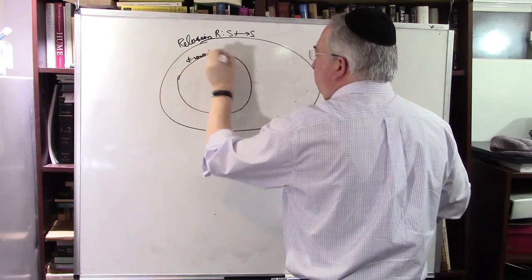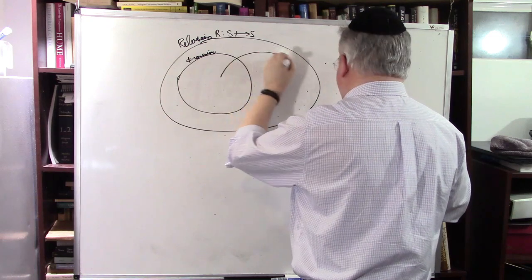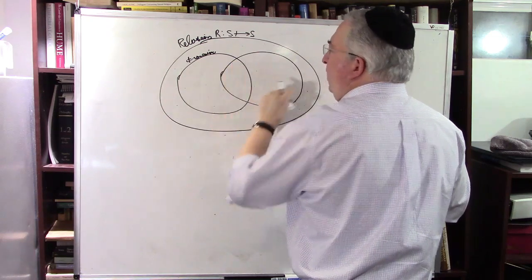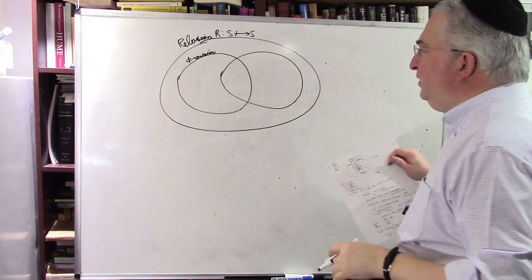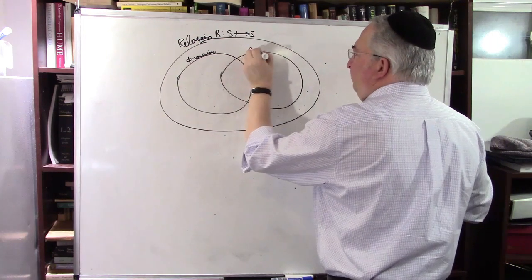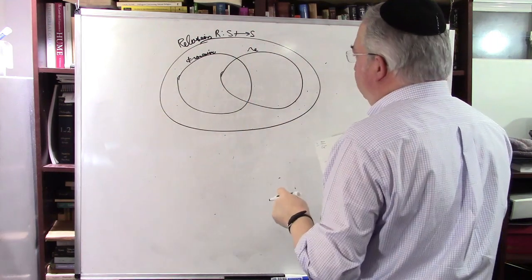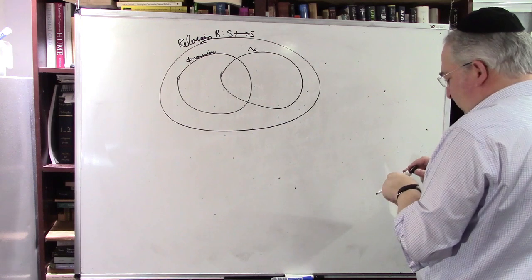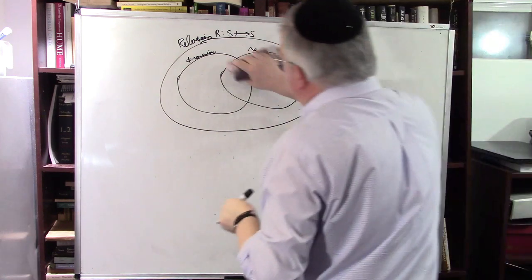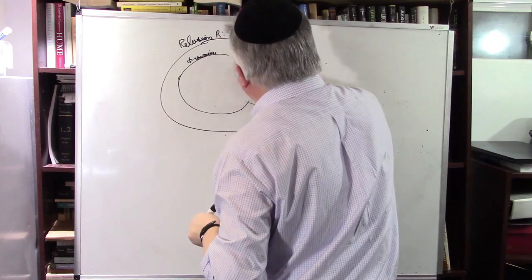This is in the book on page 593. This is called reflexive. Oops. I'm going to have to get bigger than that. Hold on, sorry. The overlap has to be bigger because we have a lot more things to talk about.